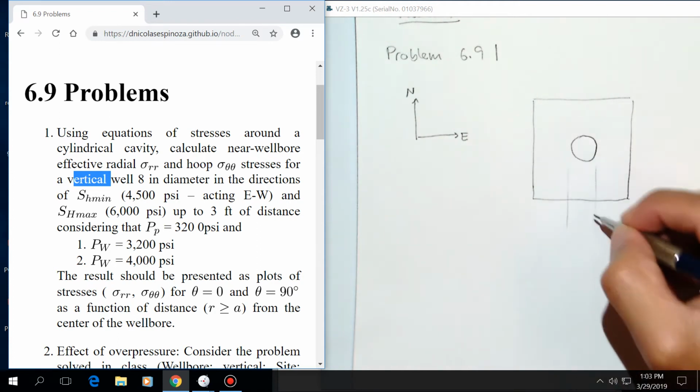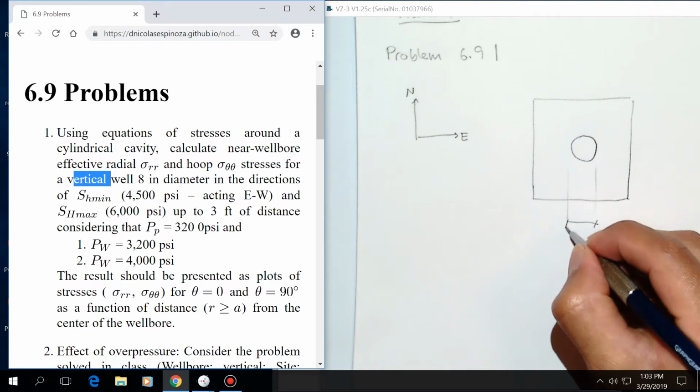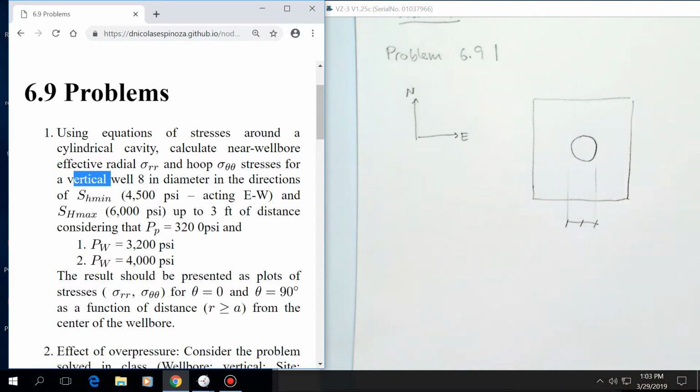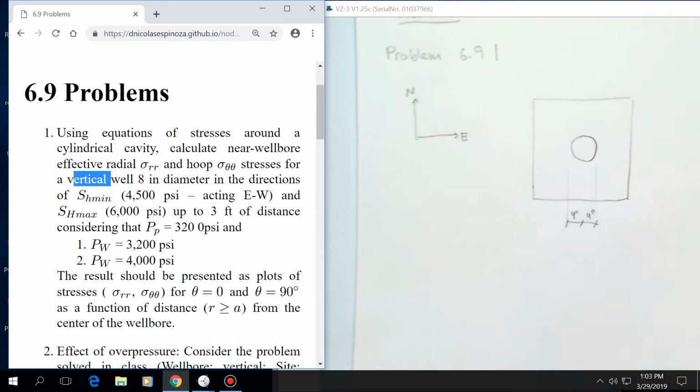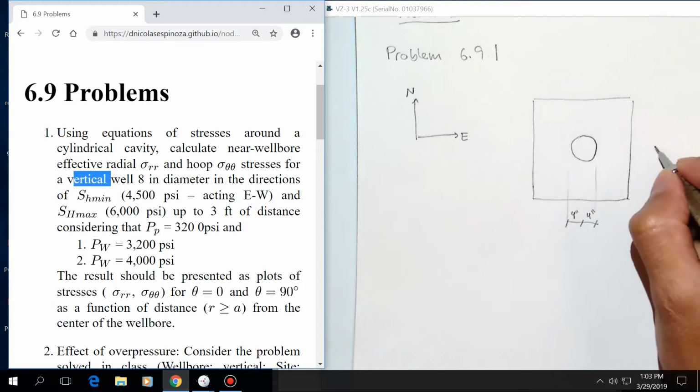Diameter is 8 inches. If the diameter is 8 inches, what is going to be the radius? 4 inches, right? Okay. What else? It tells me that the minimum principal stress is striking in the east-west direction.